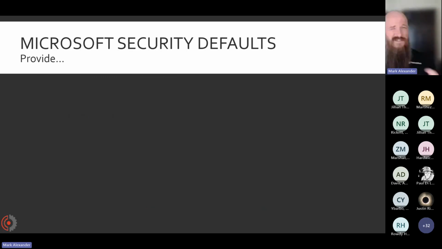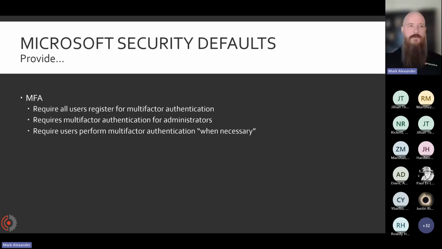Okay, so what do the security defaults provide? Well, number one, the biggest component is it drives your tenant towards MFA. It requires all users to register for MFA, and it requires MFA authentication for administrators. And then the part that I don't really like about this is it requires users to perform multi-factor authentication when necessary.